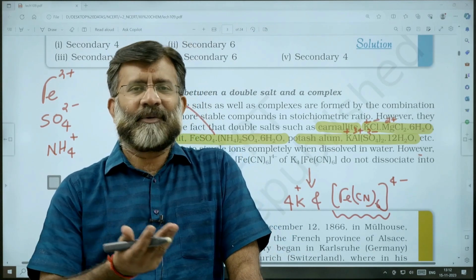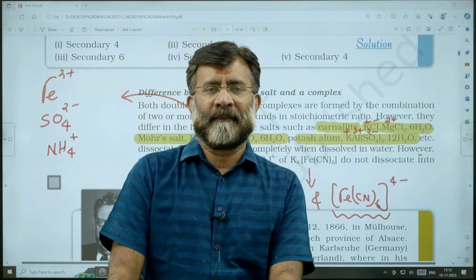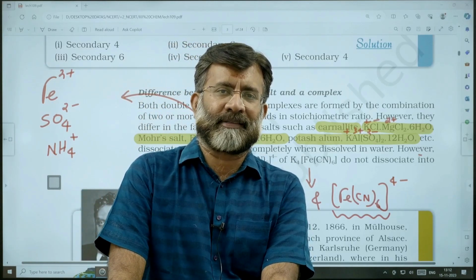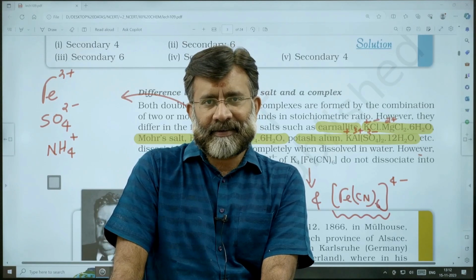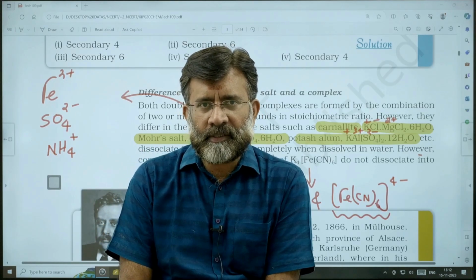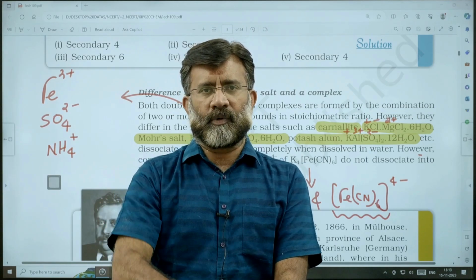It is not ionizing as Fe2+ and cyanide minus, as I have already commented. It may not give you the test for ferrous. It may not give you the test for cyanide. Is it clear? So a complex compound retains its complexity even in the aqueous solution.